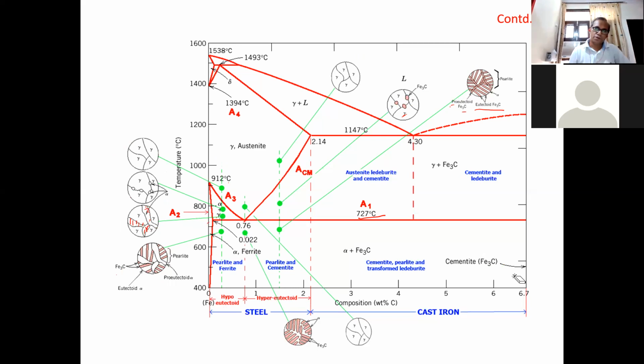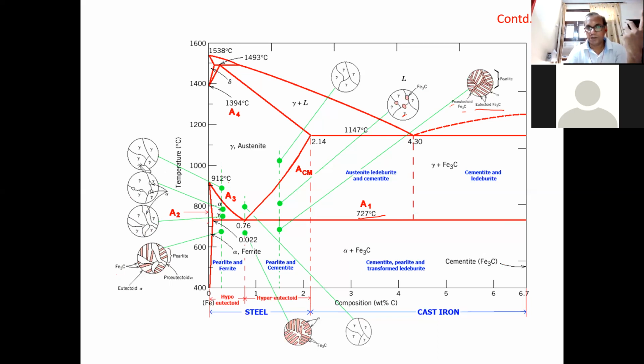So what is happening basically in heat treatment? We are heating the metal up to a certain temperature. After heating the metal at that certain temperature, we try to control the cooling rate.